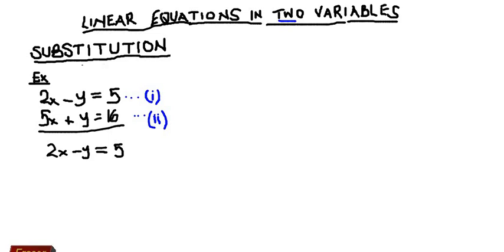In this case, we can say the variable y has a coefficient of -1. So it will be easier or more convenient, involving less calculations, to make y the subject as opposed to x the subject, which has a coefficient of more than 1, which is 2.